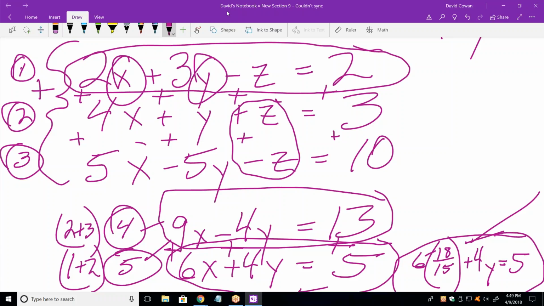When I get to my equations 4 and 5, I need 2 equations and only 2 variables. And we're going to assume that once you get to 2 equations and 2 variables, you can always solve it. You should be able to if you can't by now.